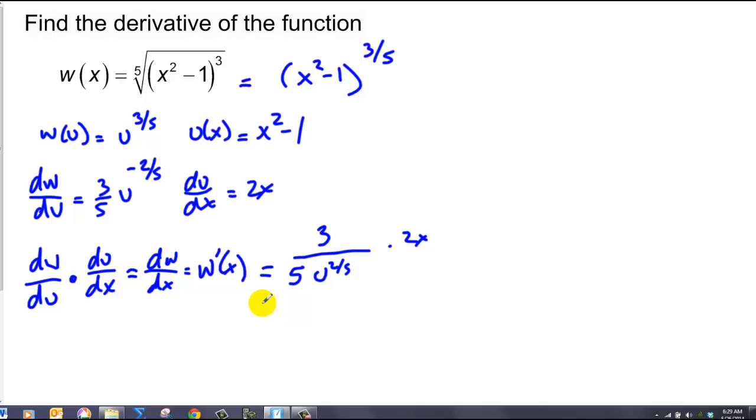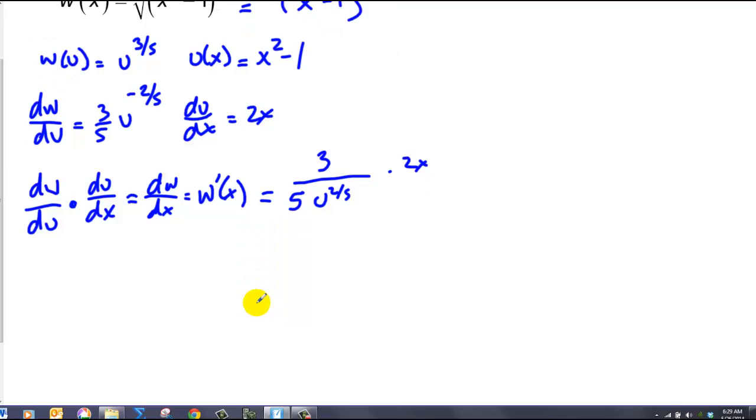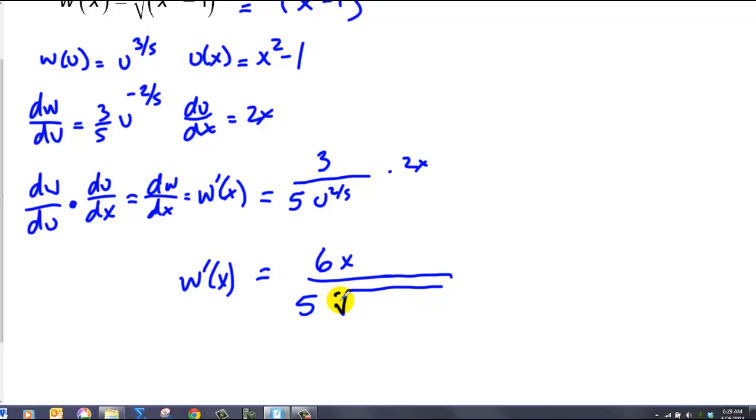No big reductions go on, so we'll just have to go ahead and simplify. Let's go ahead and do that. w prime of x, that's 6x in my numerator. On the denominator, I have a 5. We convert that fraction back to radical form. So I have the 5th root of u, which is a quantity of x squared minus 1, squared. And that'll do it.